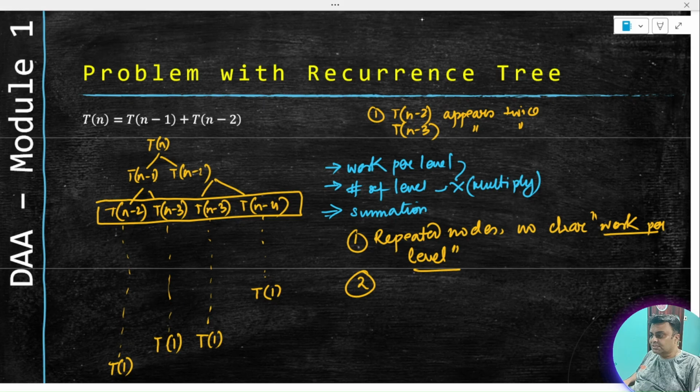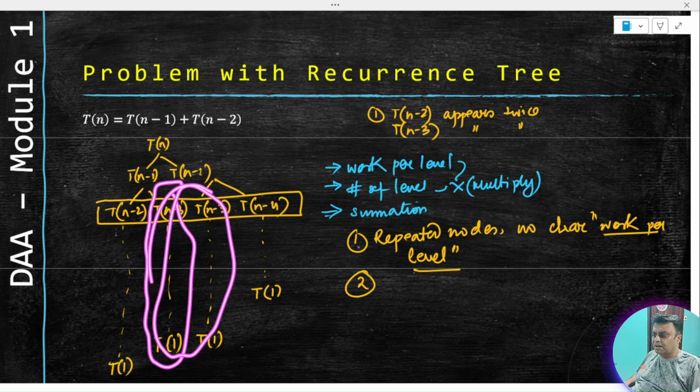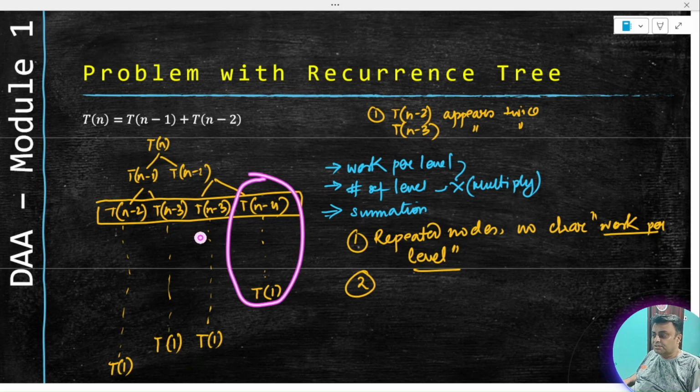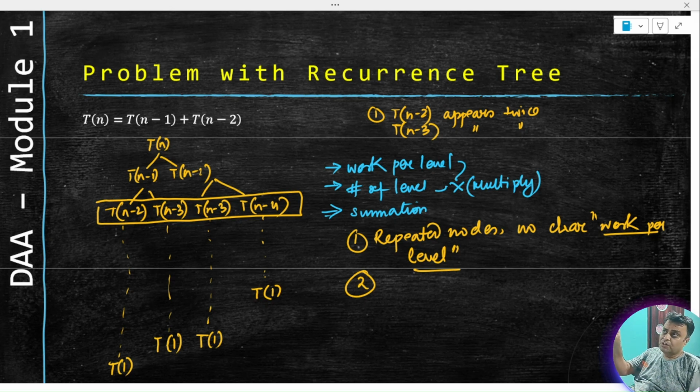So this is a subtree, and it is ending at a different height. Both these subtrees are ending at the same height, but these subtrees are ending at a different height compared to the other subtrees. This subtree is also ending at a different height. So it makes the number of levels multiplication complicated. Just now I told you, if I know the work done at a particular level, I multiply by the total number of levels.